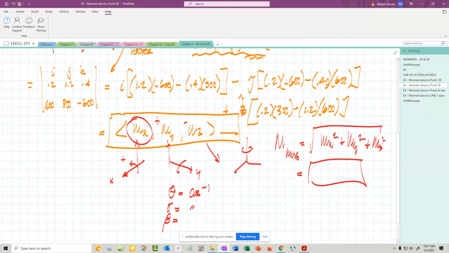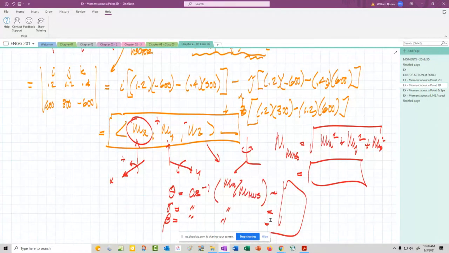I take inverse cosine of the x component over the magnitude. And we're right back to doing what we did with the resultant forces in the first chapter, finding the magnitude and the direction cosines. We can do the exact same thing with the moment vector.